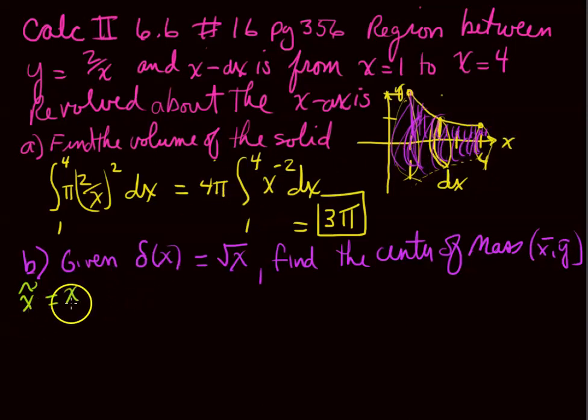Y tilde should be halfway up here. So this is 2 over x, and we take halfway up that length. If we need half of 2 over x, that's 1/2 of 2 over x, which is just 1 over x, or x to the negative 1.